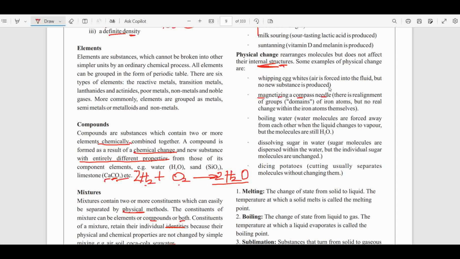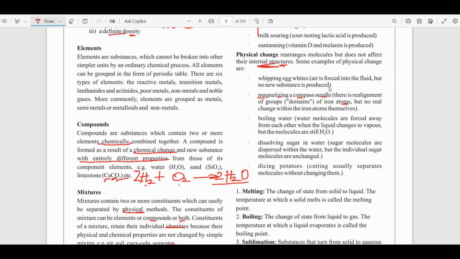When you magnetize a compass needle, there will be a realignment of the iron atoms. But that is not a real change within the iron atoms themselves because the realignment is not changing the fundamental nature of the substance in question.